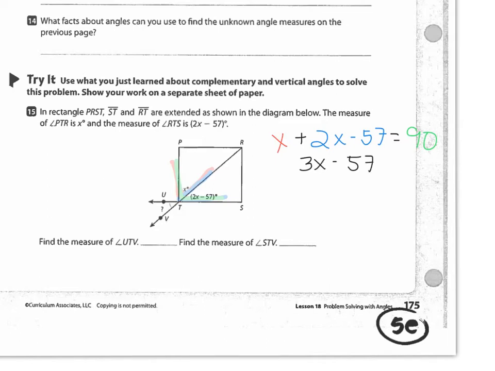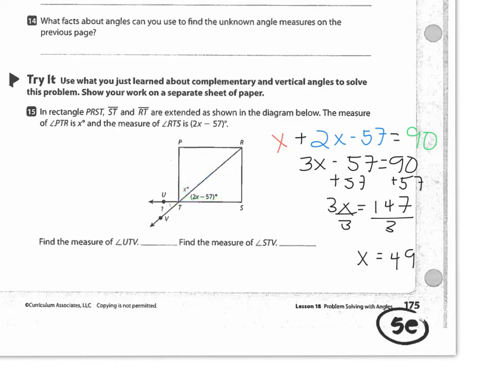3x minus 57 equals 90 by combining my like terms. I'm going to add 57 to both sides. I get 3x equals 147. Divide both sides by 3, and I get that the value of x is 49. So I'm going to use it to find each of the angle measures.